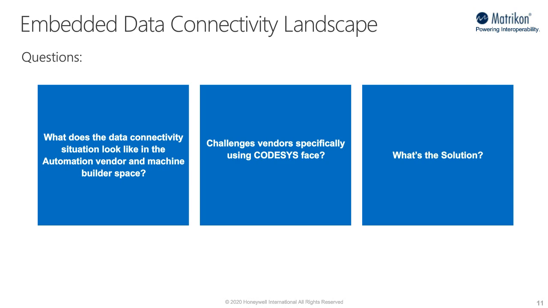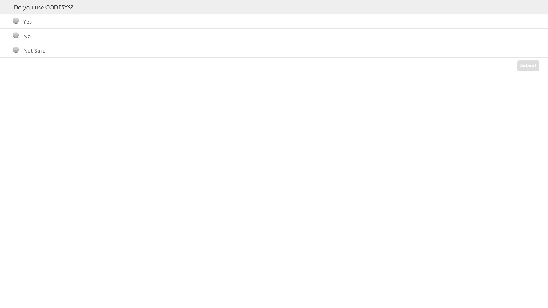So BE.services, you saw that earlier, but we are both a partner of you guys with Matrikon, and we're also a premium system partner for 3S. So we work a lot with technology.